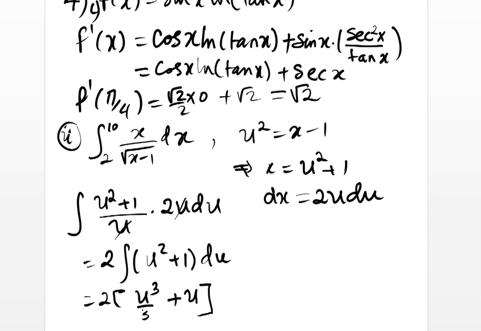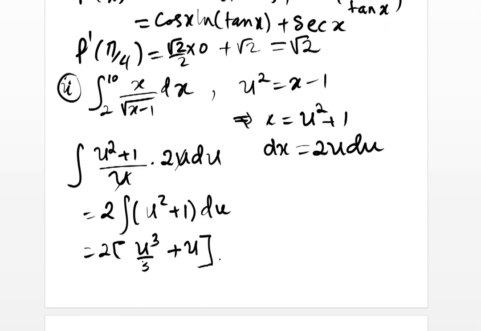That is it. We equally need to always obtain our new limits, because as I said, substitution means everything is changing, even the limits of integration. It was 2, now 2 minus 1, so u is 1, that's square root of 1.